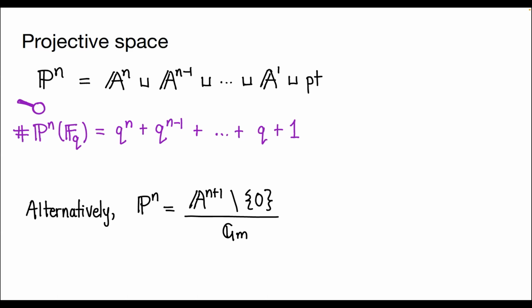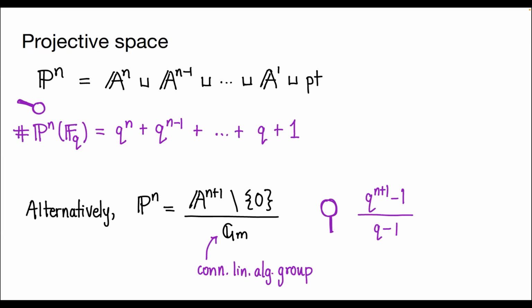But that is allowed when you're quotienting by a connected linear algebraic group. So in this case, on top, we have q^(n+1) minus 1 for the origin points. And then I divide through by q minus 1, the number of non-zero scalars. And you'll see that you get the same answer as we did before.